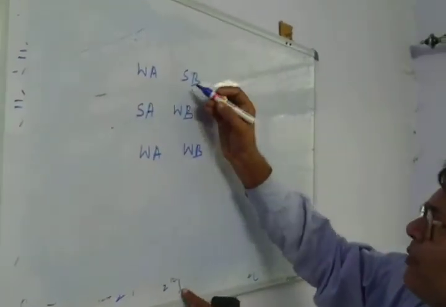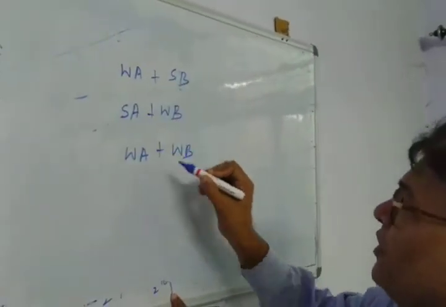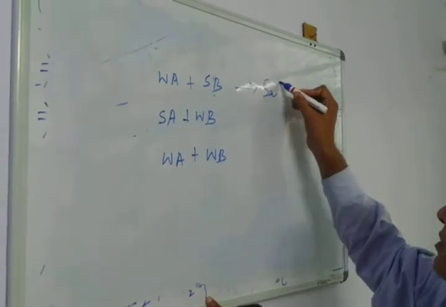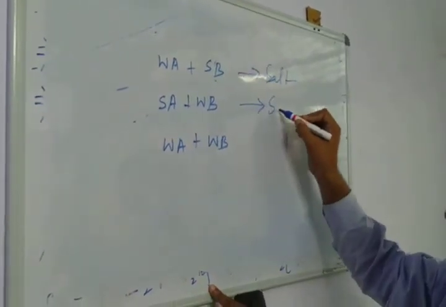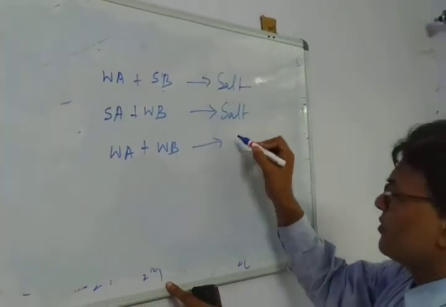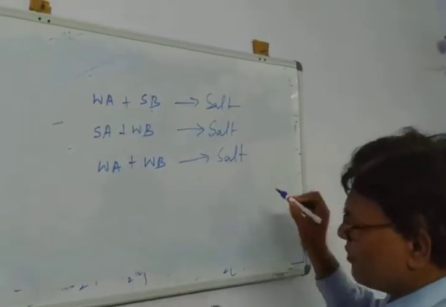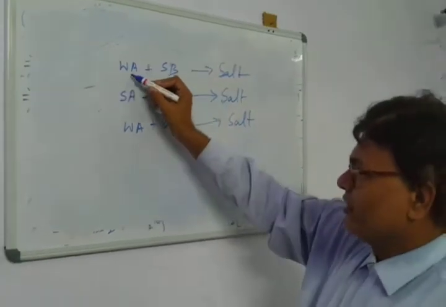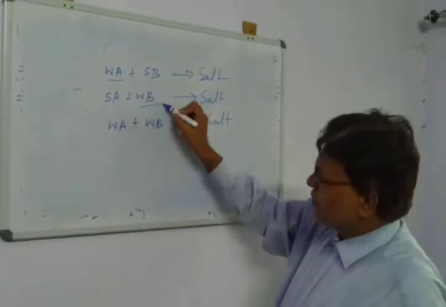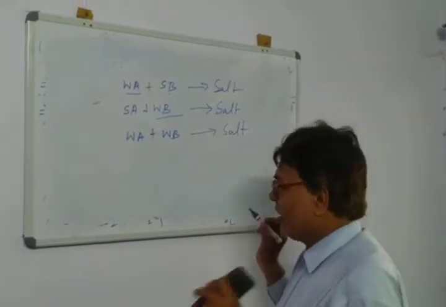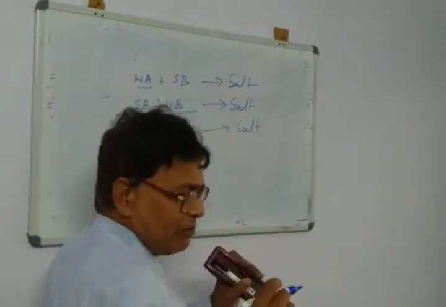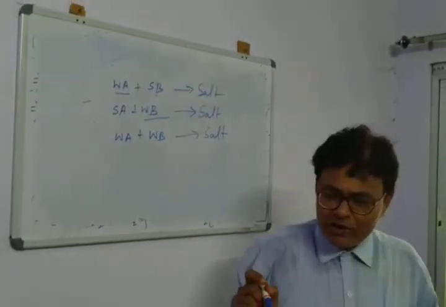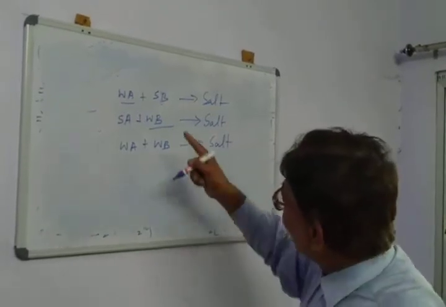So suppose this also gives salt, this gives salt, this gives salt. As I have told you earlier, either of them must be weak. Here this acid is weak, here base is weak, here both are weak. Okay, we can understand the pattern, and we can write pH expression for all of them.